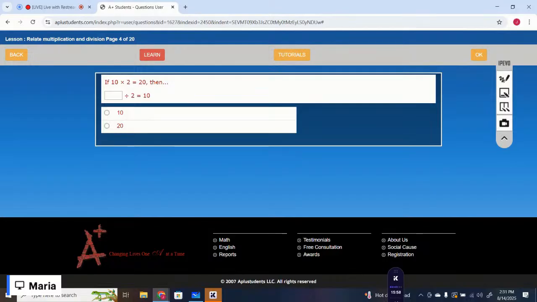If 10 times 2 equals 20, then the missing number divided by 2 equals 10. That is 20 divided by 2 is 10. Okay, you can complete the lesson by yourself later today.